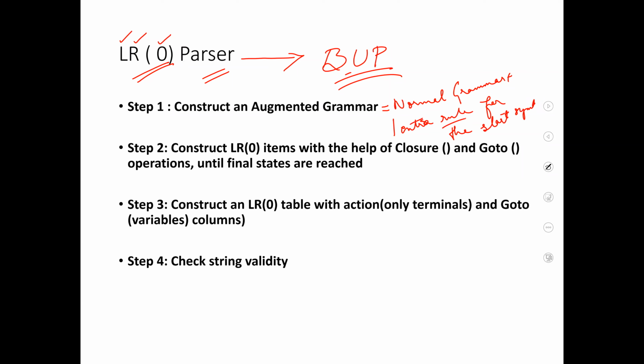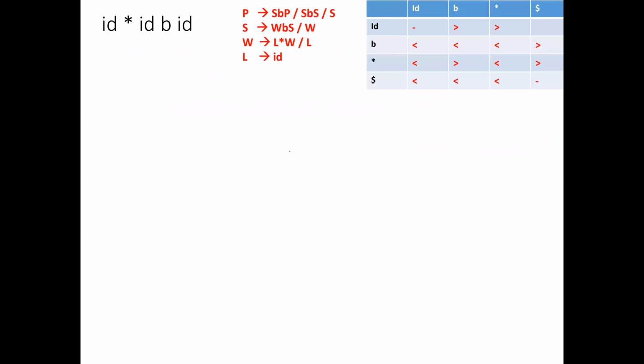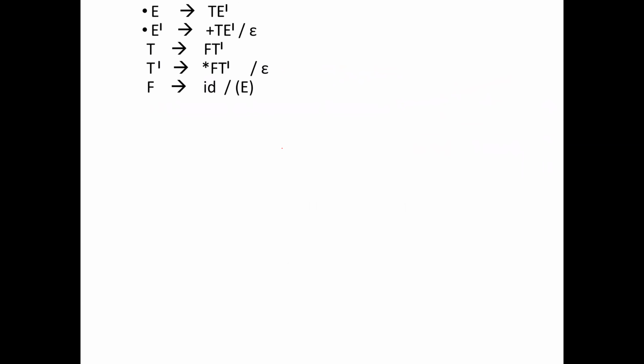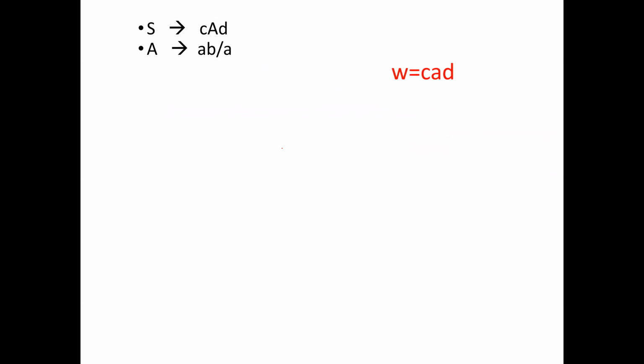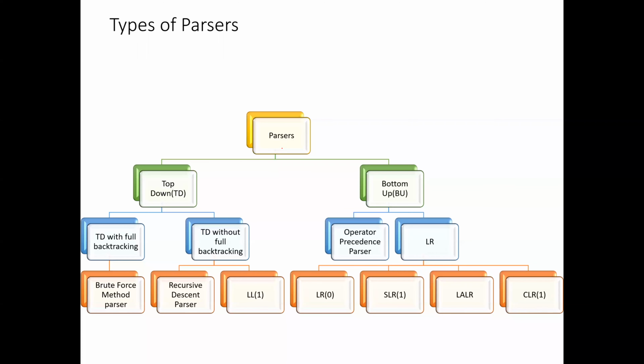And then you will have to construct something called LR0 items. Now, if you remember your initial classification of parsers, you do have LR0, SLR, LALR, CLR, all of which come under the category called LR parser, and LR parser is a bottom-up parser. Now, in LR0 parser, you will have to construct LR0 items, in SLR, SLR1 items, and so on.